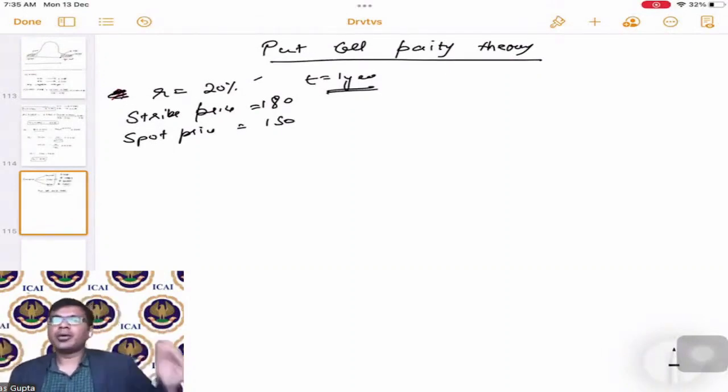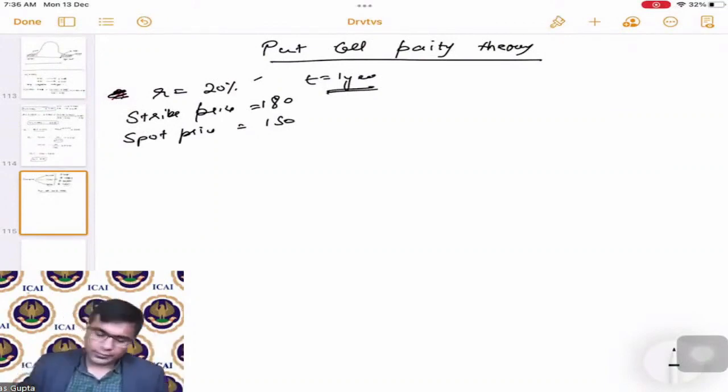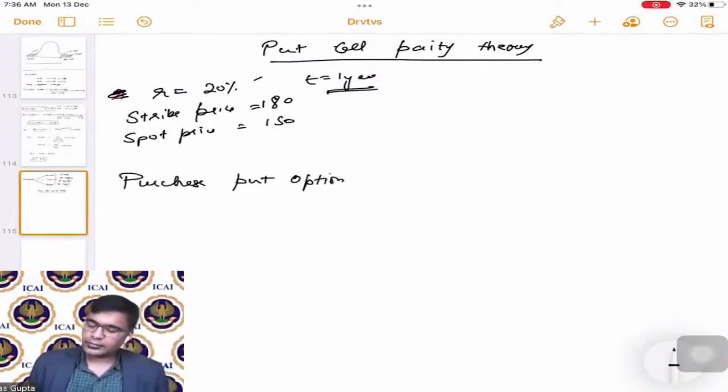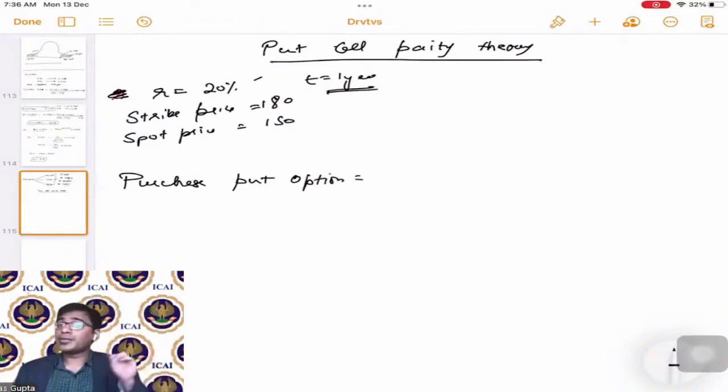One is from purchasing a put option and one is from purchasing a call option. That is what case number 1 and case number 3 were. Correct? So first of all, we are going to purchase a put option, which is a long put option, the case that we have discussed.